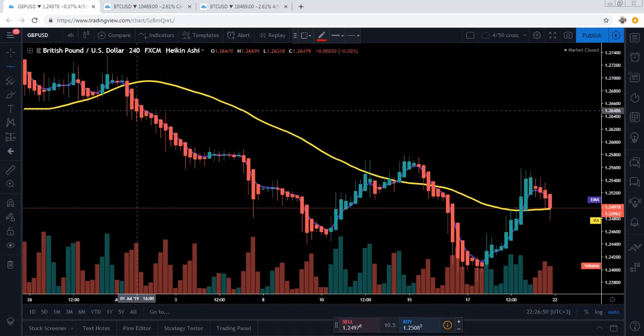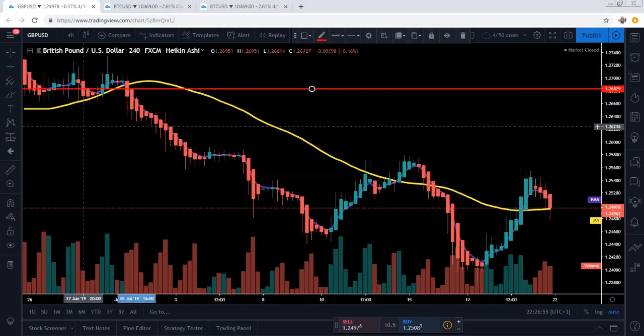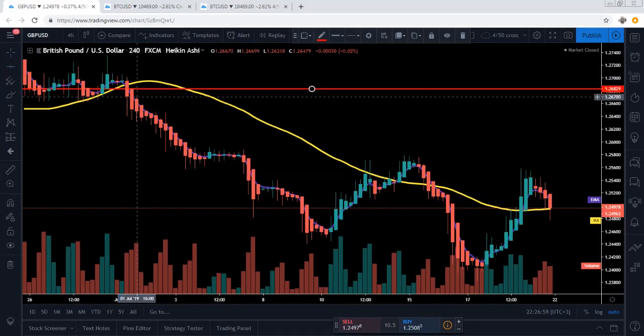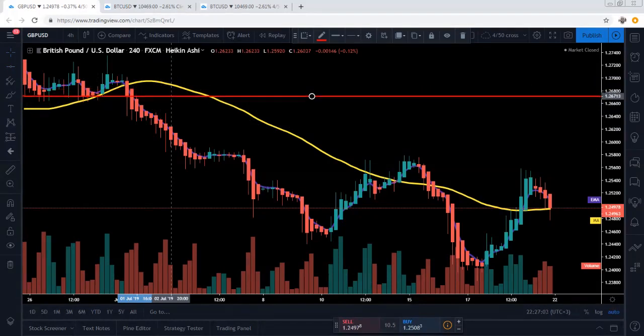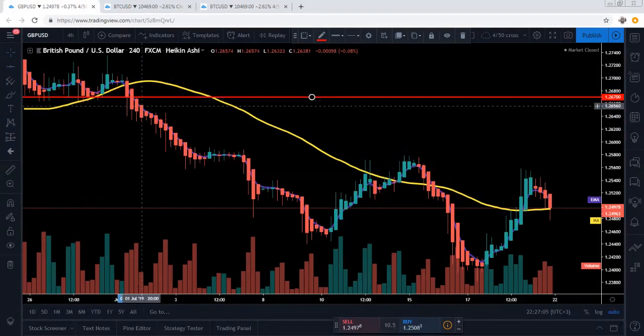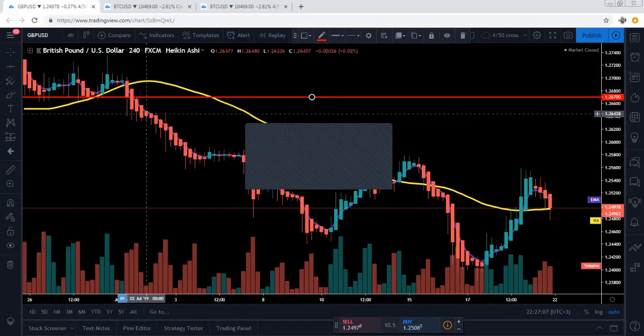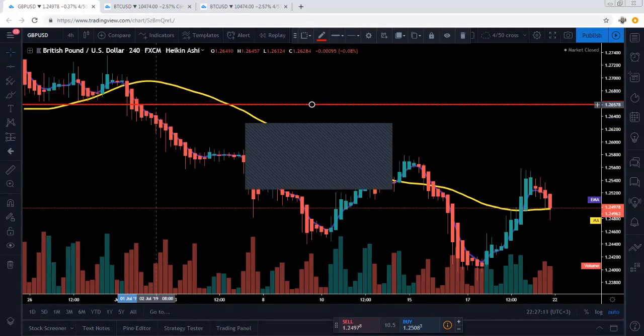The minute this candle closes and this one starts, you should move your stop here. When this one closes and this one starts, bring it here.